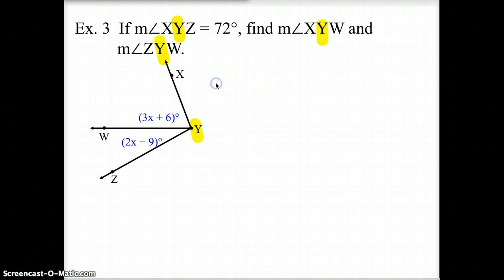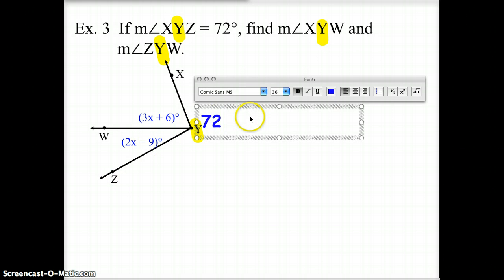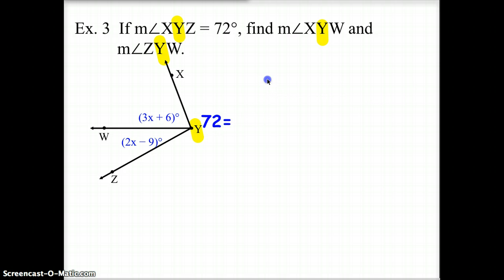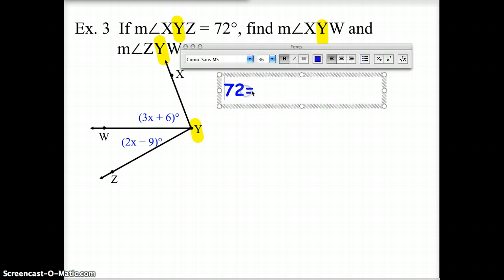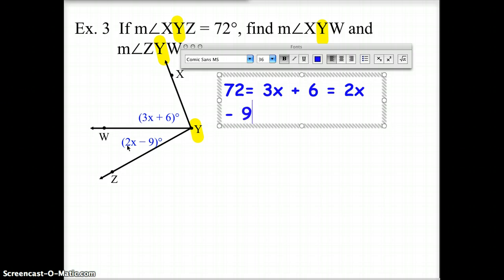So all we're going to have to do for this, I know that angle XYZ is 72 degrees, and that's going to equal those other two angles added together. So the first angle is 3x plus 6 degrees. The second angle is 2x minus 9 degrees.